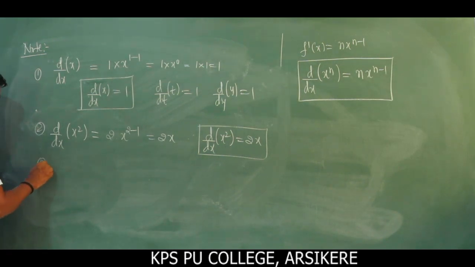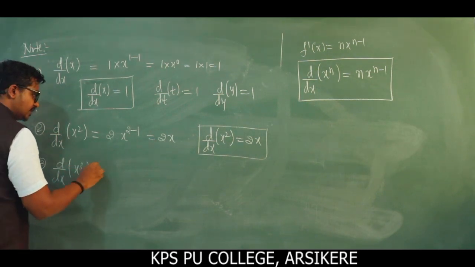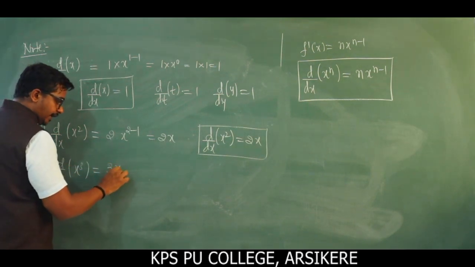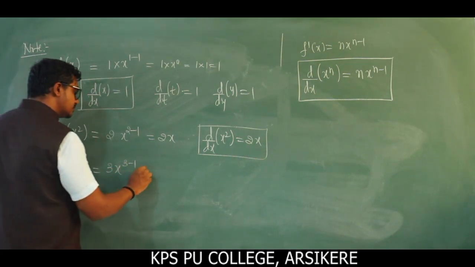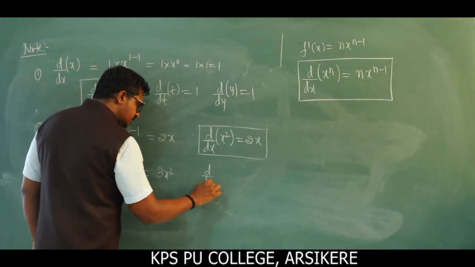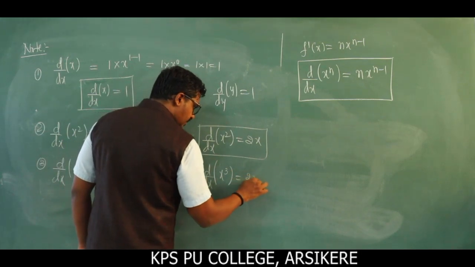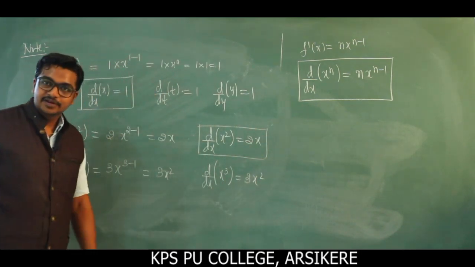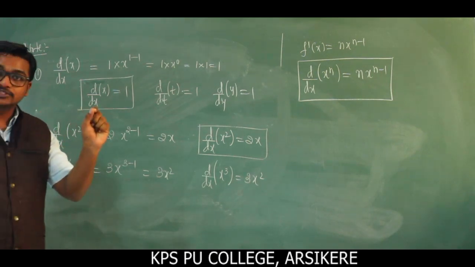Third one, d by dx of x cube is equal to 3 into x power 3 minus 1, decremented by 1. So that becomes 3 into x square. Therefore, d by dx of x cube is equal to 3x square. Understood, children? Differentiation of x cube with respect to x is 3x square.